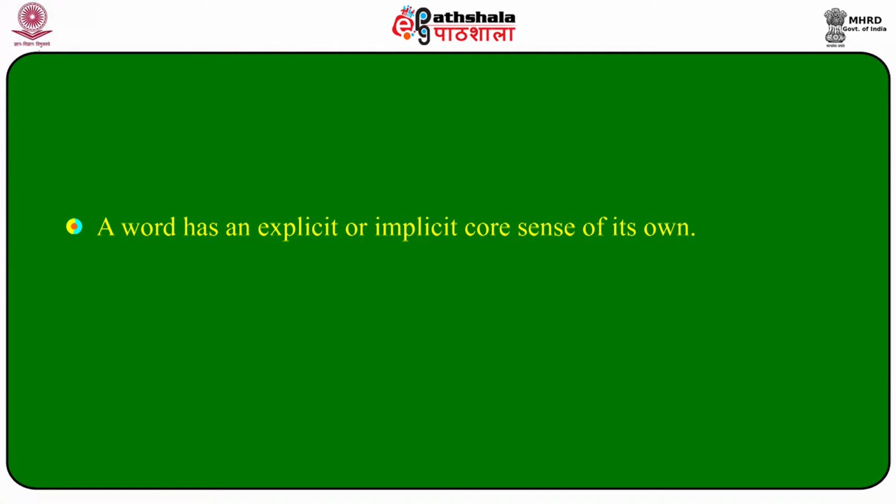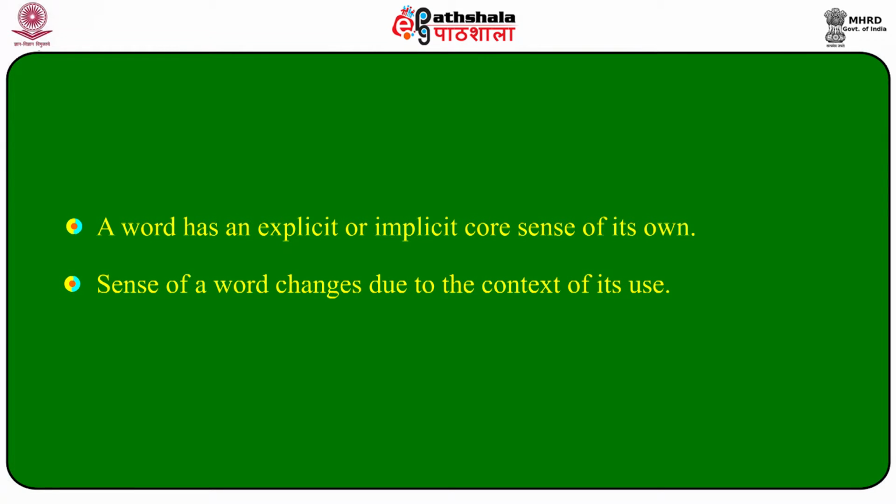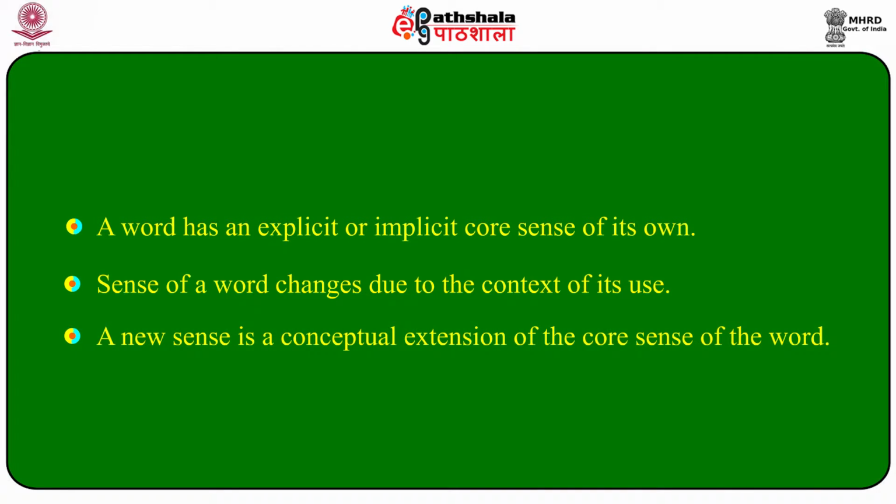The second important observation is that the sense of a word changes due to the context of its use. So a sense of a word is open to change when a new context comes. And third, a new sense is a conceptual extension of the core sense of the word.